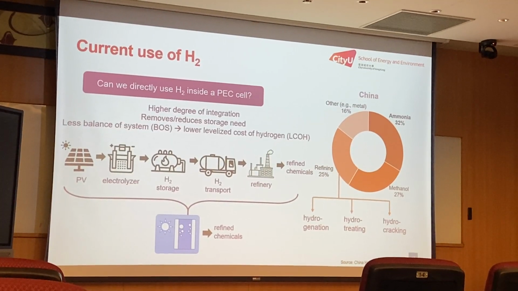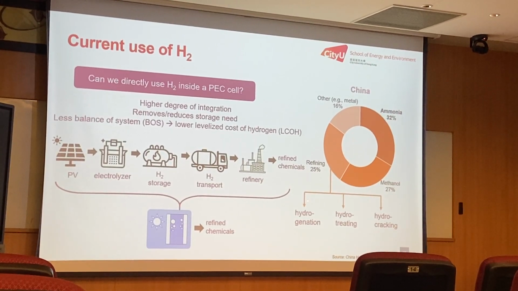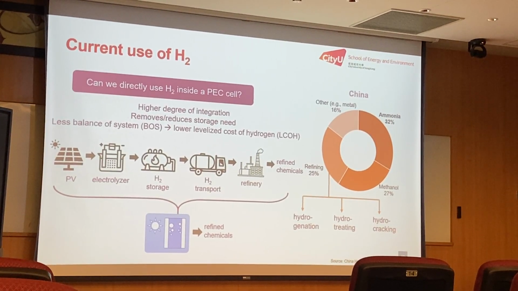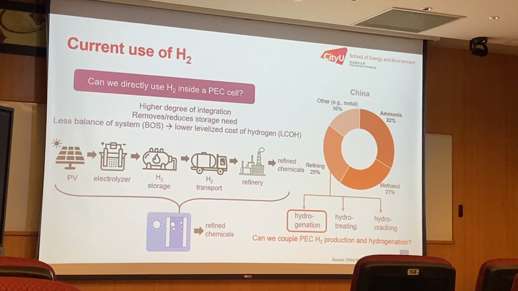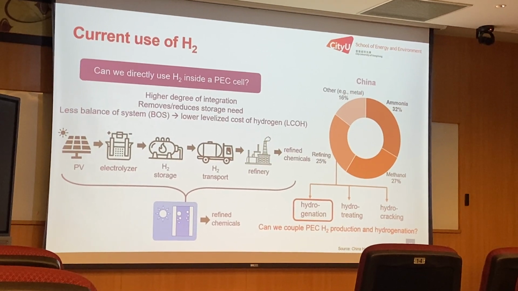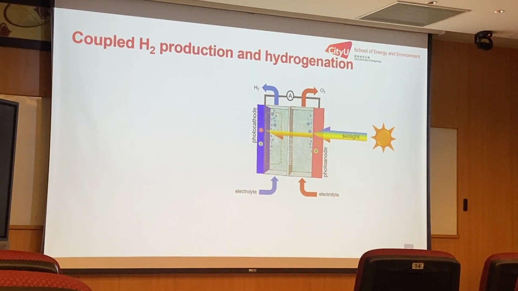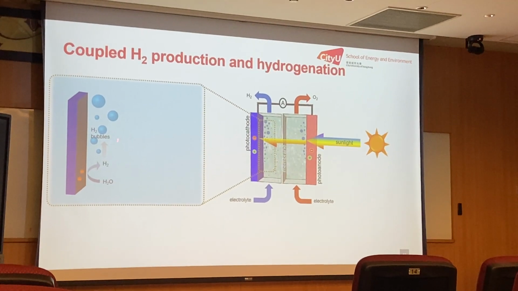So we look at refining as a first example, and we have three different reactions that use hydrogen: hydrogenation, hydrotreating, and hydrocracking. We started with hydrogenation because that's the milder condition. Can we couple the production of hydrogen in the photoelectrochemical cell with hydrogenation? So the process goes like this. We're still producing hydrogen on the surface of our cathode, right?